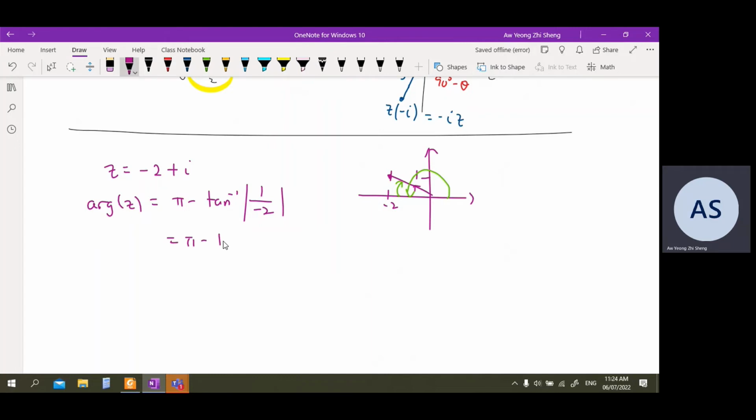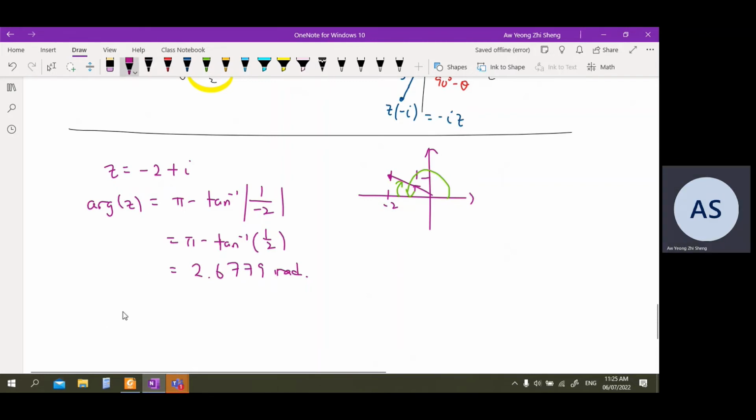Yes, pi minus inverse tangent of 1/2. Pi minus inverse tangent of 1/2, that is 2.6779 radians.